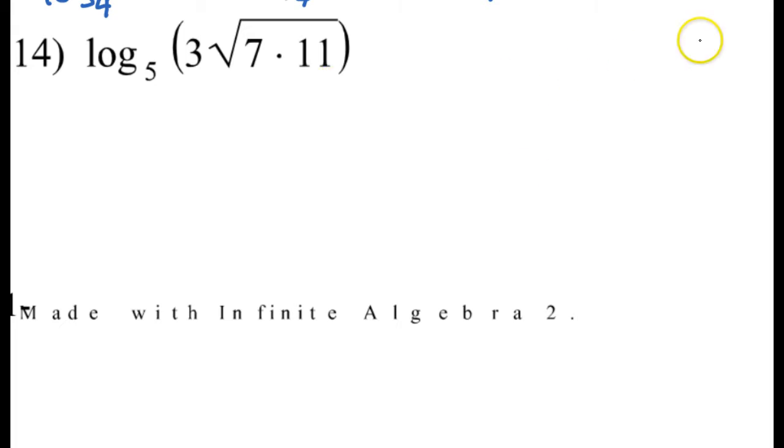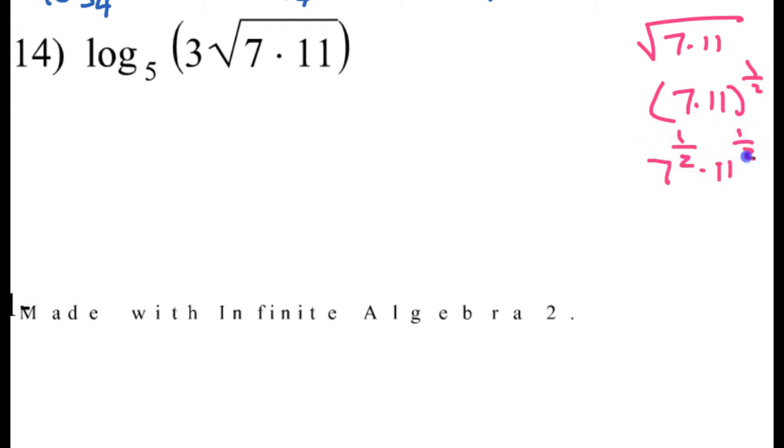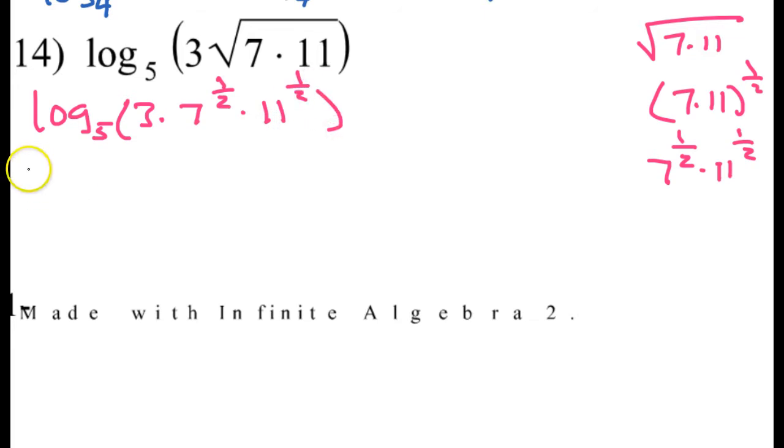For number 14, remember that the square root of 7 times 11 is the same thing as 7 times 11 to the 1/2 power, which is the same thing as 7 to the 1/2 power times 11 to the 1/2 power. So this quickly becomes log base 5 of 3 times 7 to the 1/2 power times 11 to the 1/2 power.